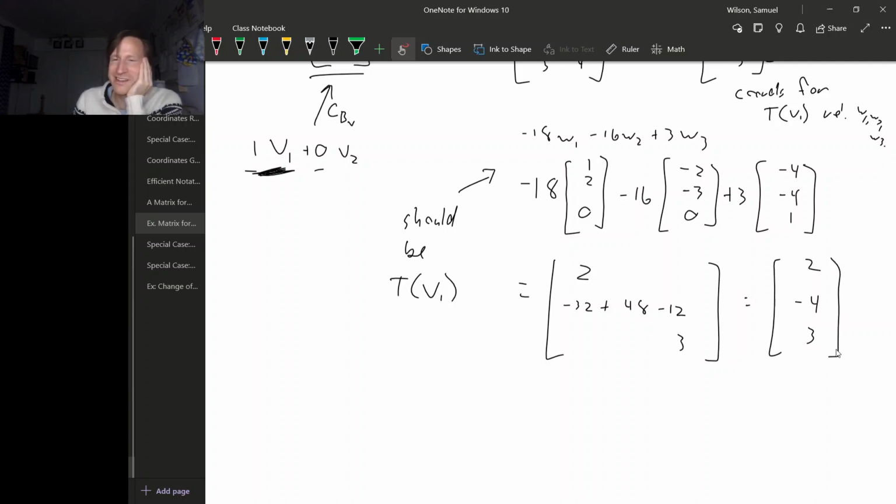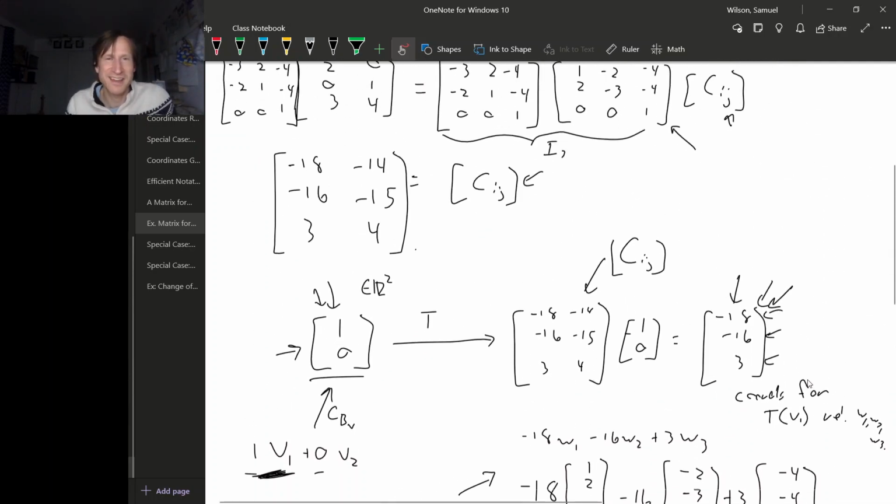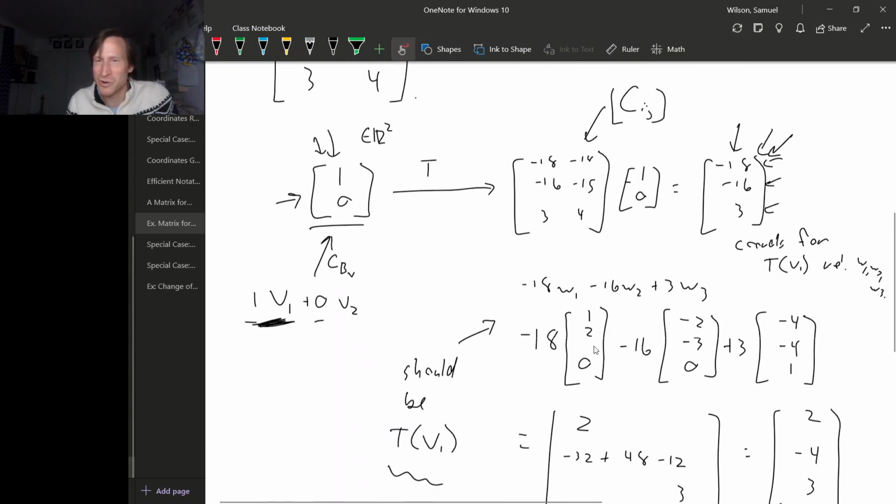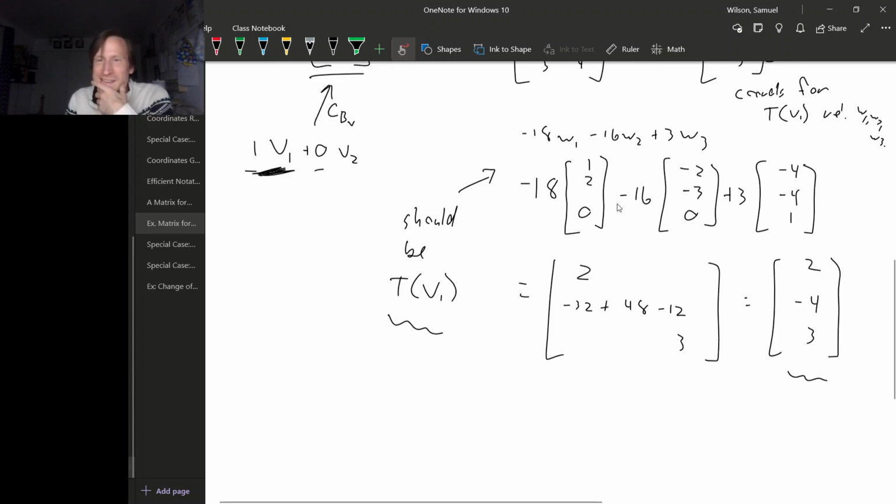So hopefully, if we did everything right, T of V1 was 2, minus 4, 3. So let's check. Is that right? No, it's not right. Almost. Maybe I just made an arithmetic mistake in the second coordinate. So let's see.